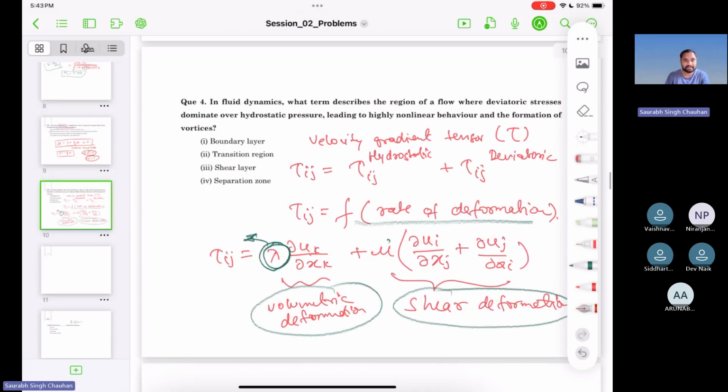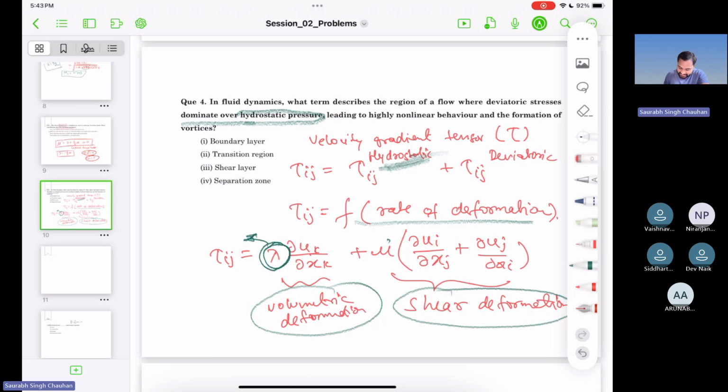And hydrostatic pressure, you already know, right? In the question, it is saying what term describes the region of flow where deviatoric stresses dominate over hydrostatic pressure.